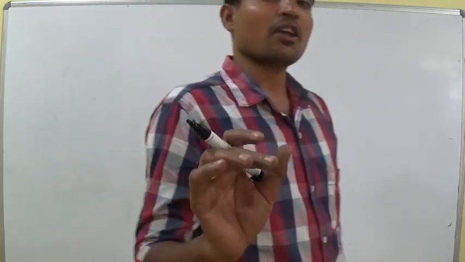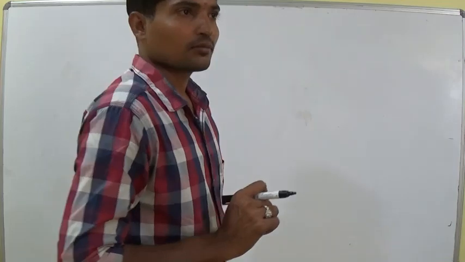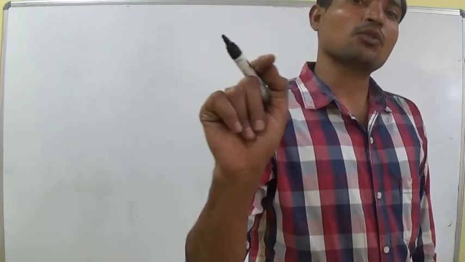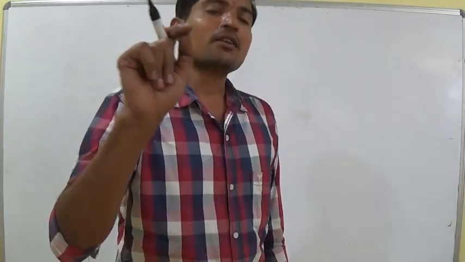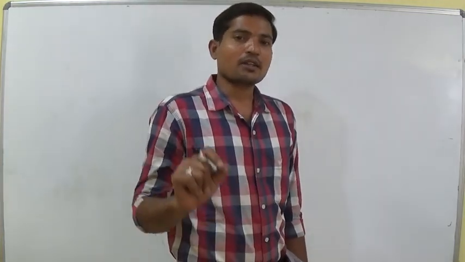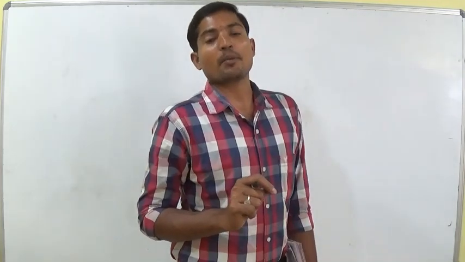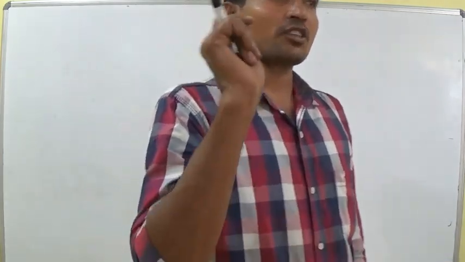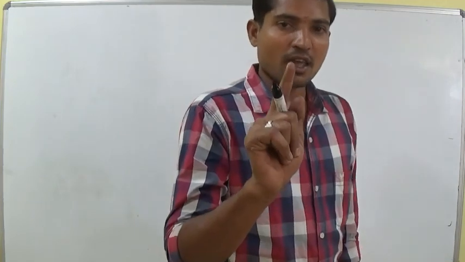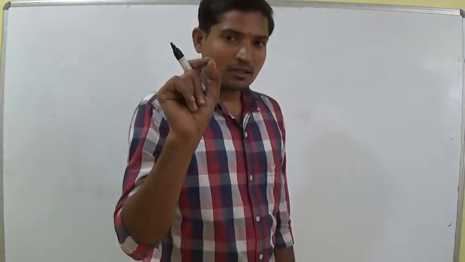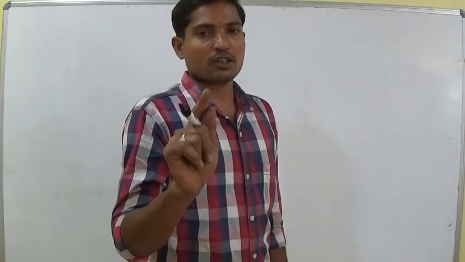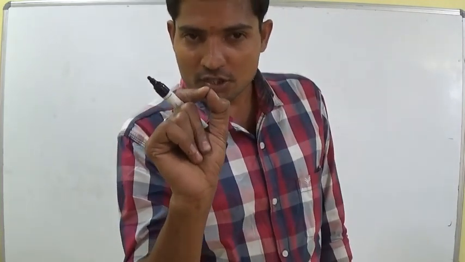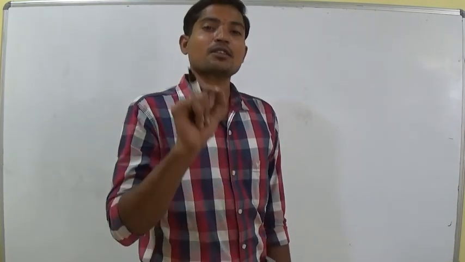So the angle between the pair of lines is, suppose L1 equal to 0 and L2 equal to 0, represented by a line L equal to 0, then the equations of the angle bisectors between L1 equal to 0 and L2 equal to 0 is (A1x plus B1y plus C1) by square root of A1 square plus B1 square is equal to plus or minus (A2x plus B2y plus C2) by square root of A2 square plus B2 square.